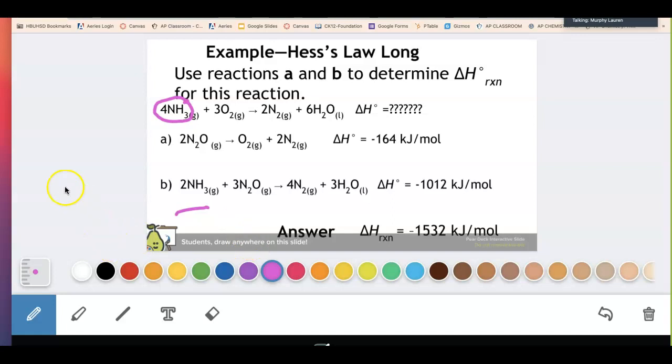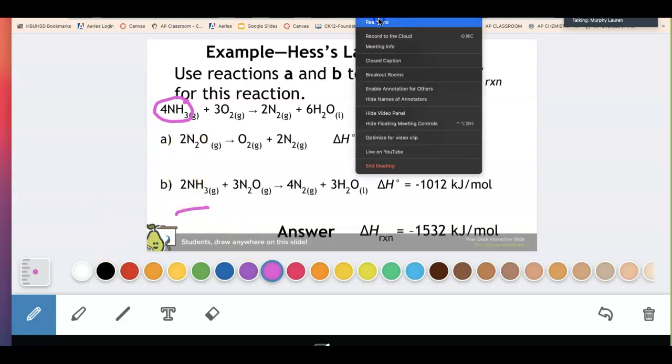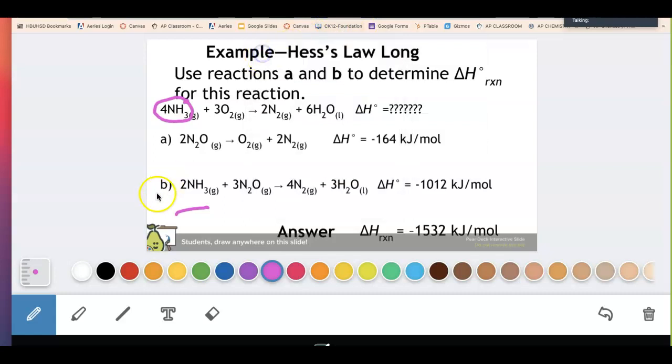How do I do that? Well, how do you get 2? Yep. Multiply by 2. Good job. So you multiply everything by 2, though. You can't in math, right? You can't just multiply one thing by 2. So this now becomes 4 ammonia. This is now 6 N2O. This is 8.